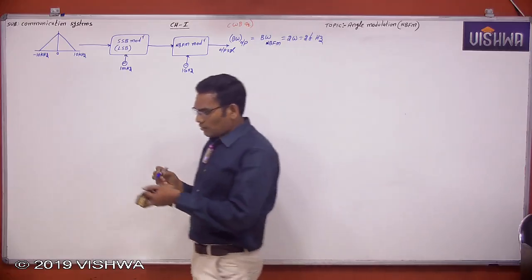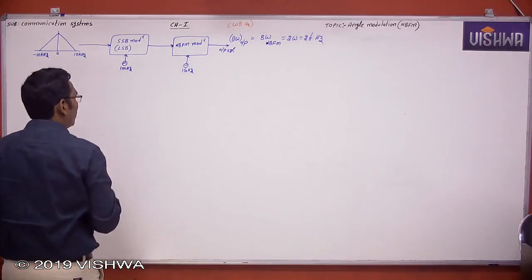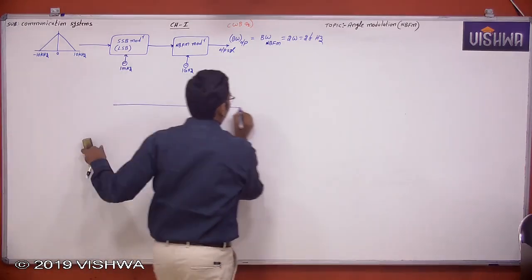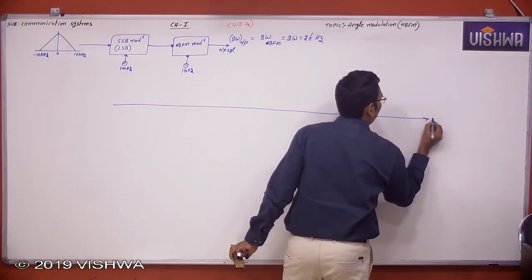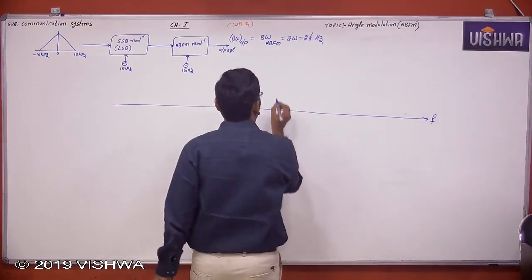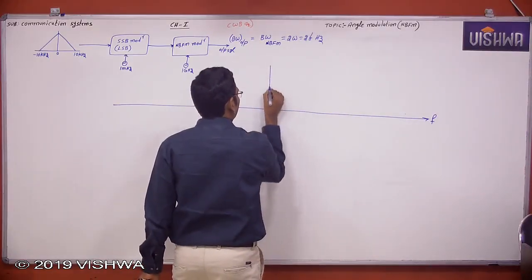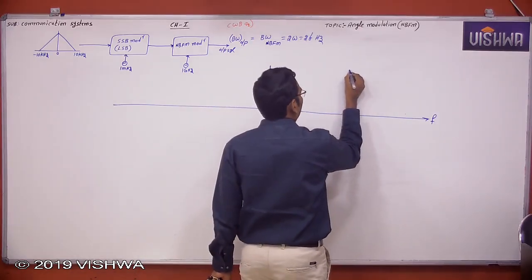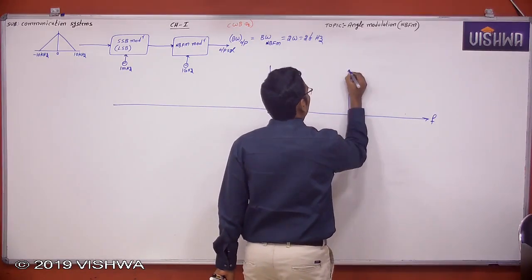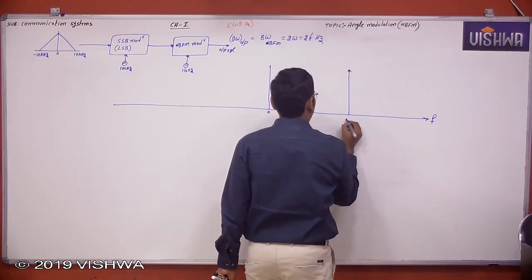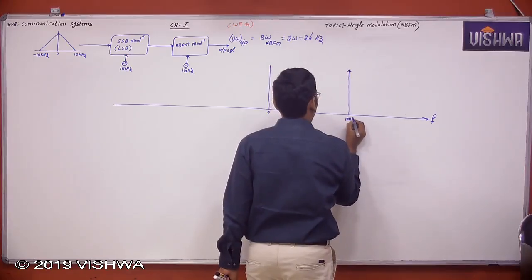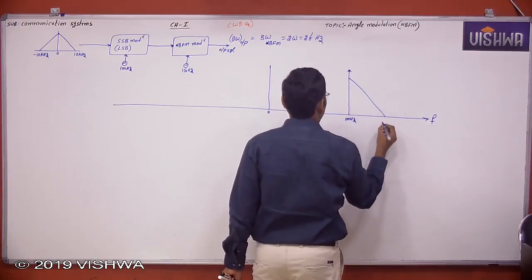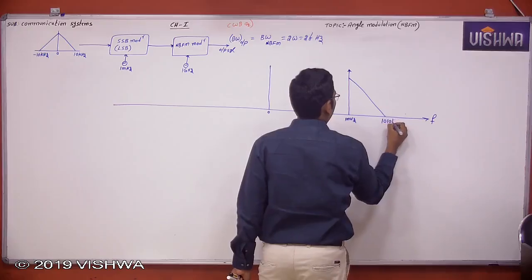Okay, so now what should we do? This is amplitude modulation. Let us assume this message signal is amplitude modulated first. Now there is a 0 at fc, that is 1 MHz. Now 1 MHz plus 10 kHz is 1010 kHz.